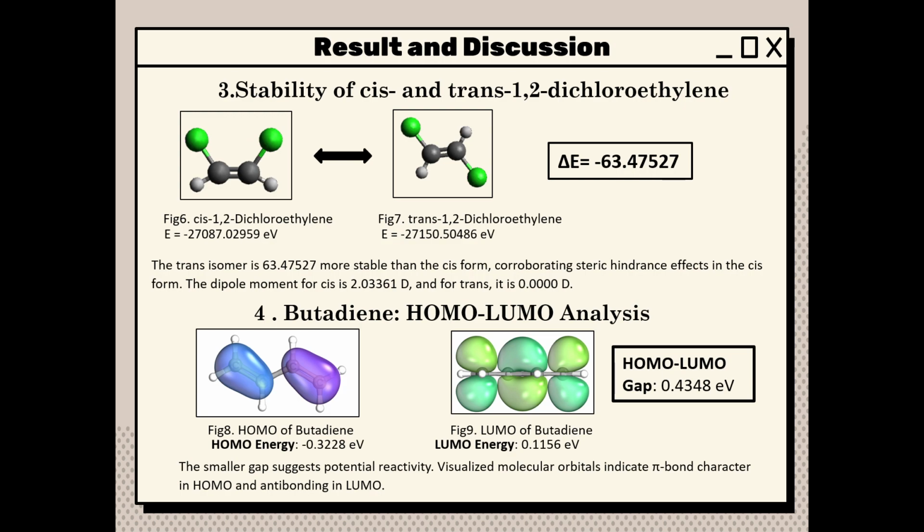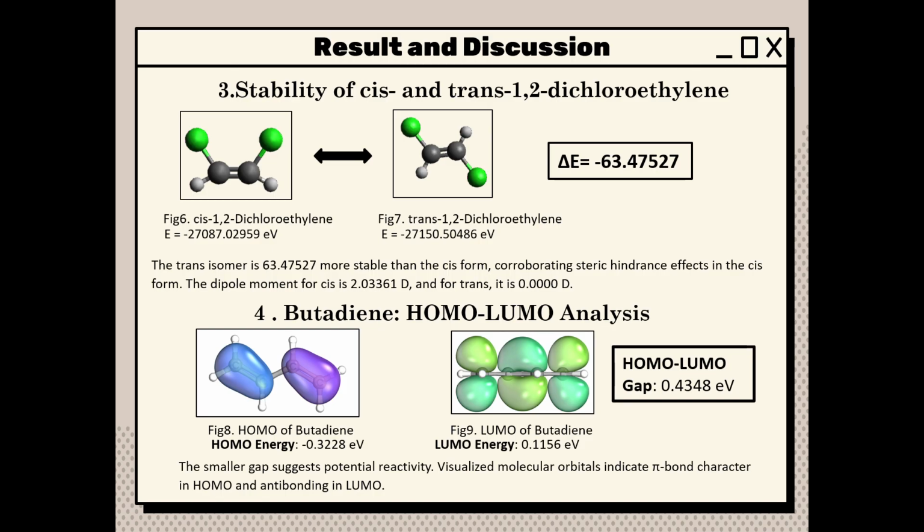Moving on to 1,2-dichloroethylene, I compared the cis and trans isomers. The trans isomer was more stable by 63.47527 electron volt due to reduced steric hindrance. Its energy was minus 27,150.50486 electron volt compared to minus 27,087.02959 electron volt for the cis form.